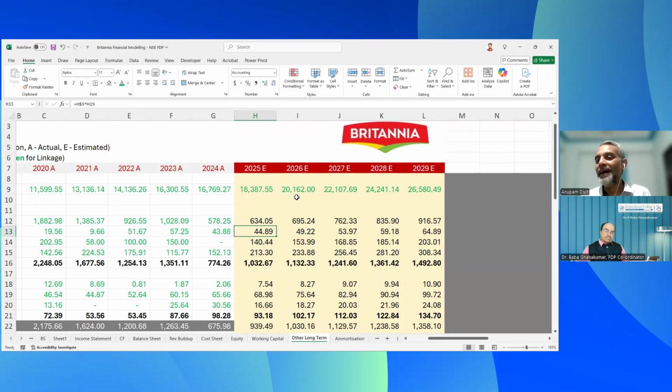Now, what it does is, when we are calculating the cash flow statement, it also eases a lot of my hard work of going into a specific line item and checking whether it is being incorporated in the cash flow statement or not. I am doing it in separate sheets.